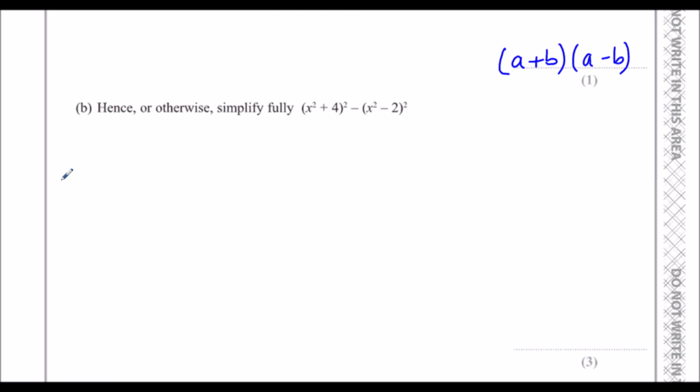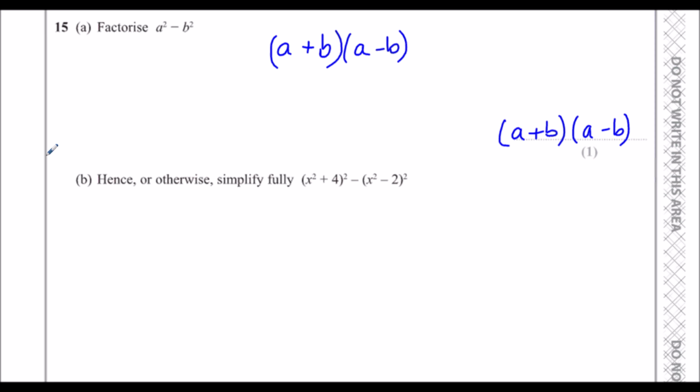Part b, hence or otherwise. When we see these words, hence or otherwise, we know we can use our previous answer. So how can we use our previous answer? Simplify fully. x squared plus 4, all squared, minus x squared minus 2, all squared. So how do these two relate?